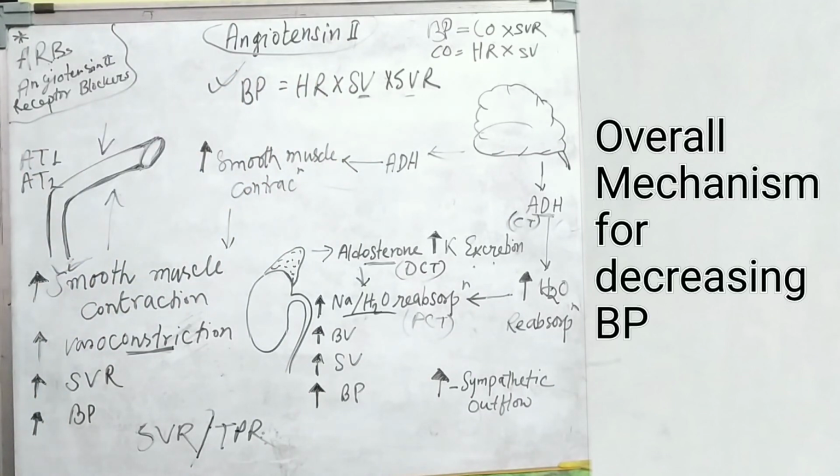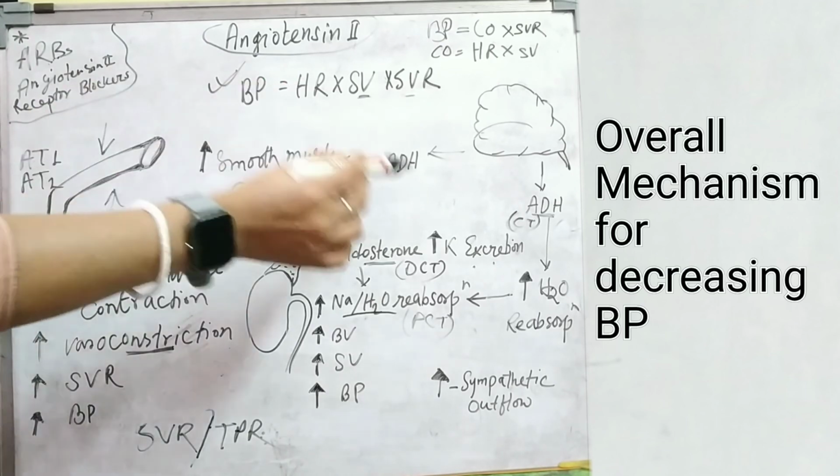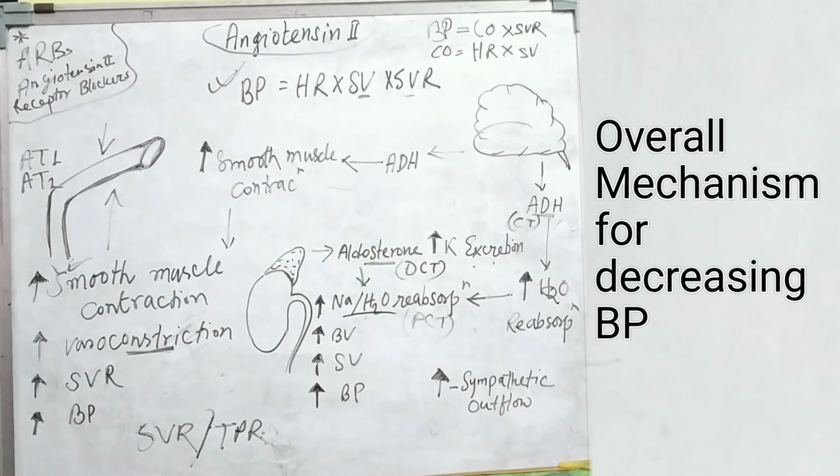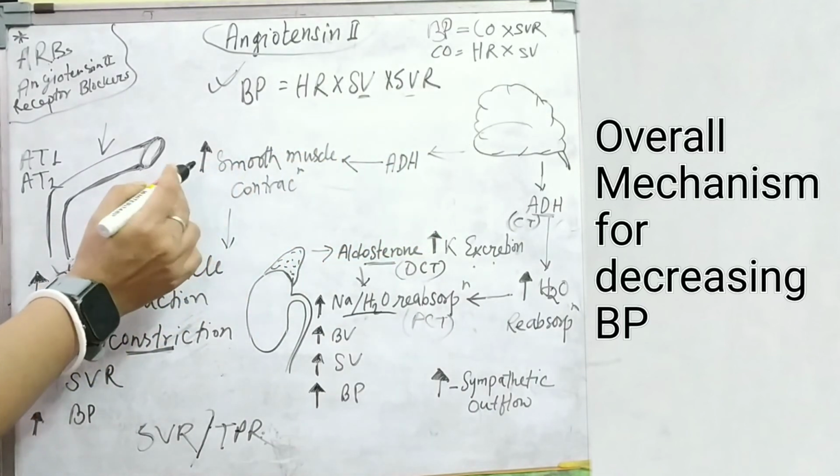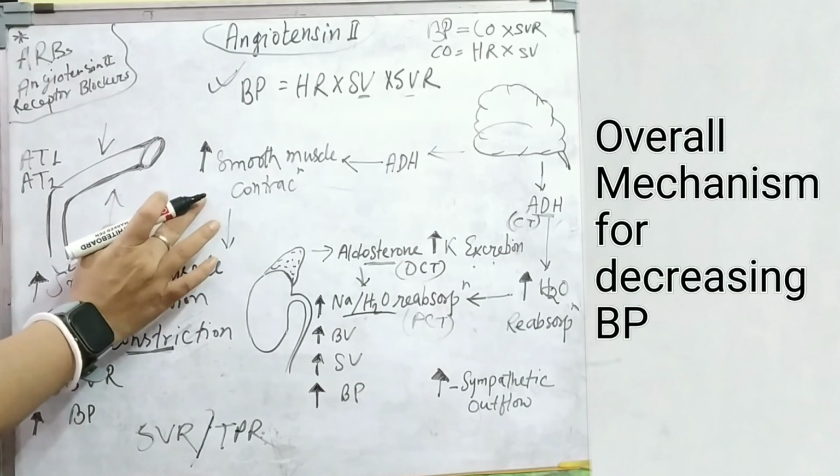There are also vasopressin or ADH receptors located on the smooth muscle cells of the blood vessels. Activation of these receptors by ADH will cause vascular smooth muscle contraction. So in this way also there is regulation of BP.